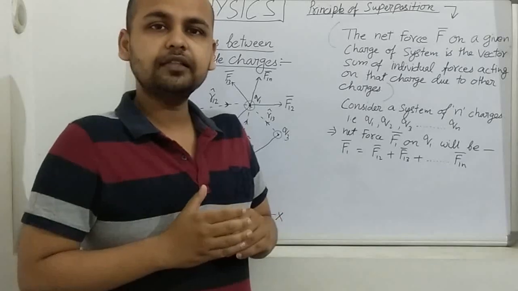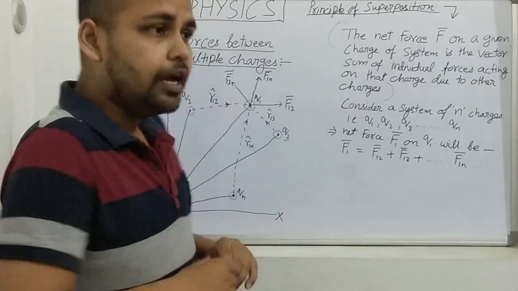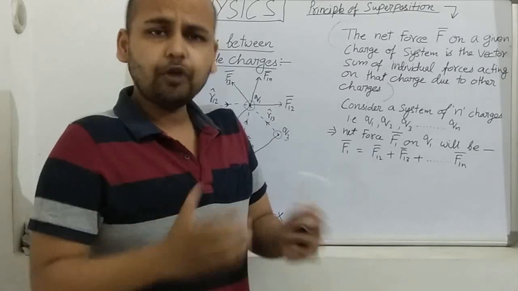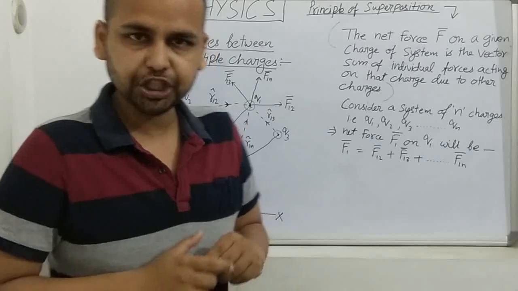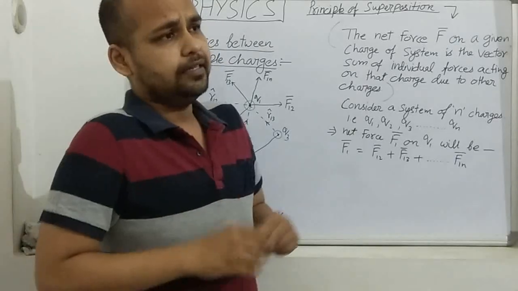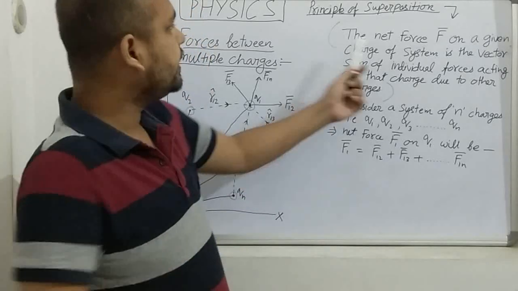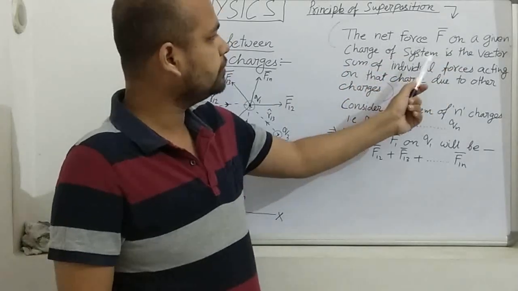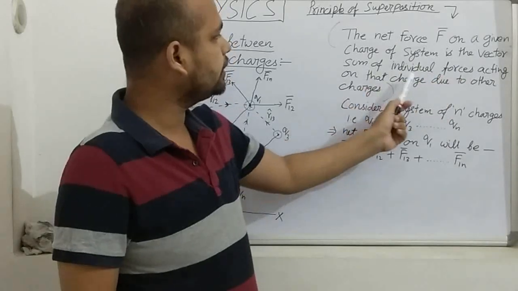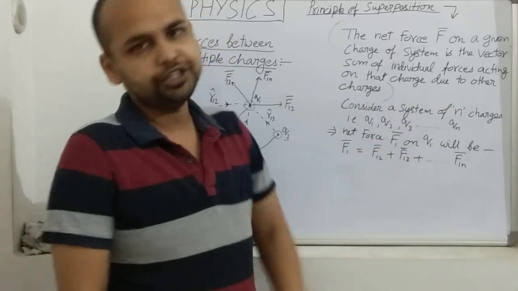This will give us the net force on that particular charge. And this property is known as the principle of superposition. We can state it as: the net force F on a given charge of a system is the vector sum of individual forces acting on that charge due to other charges.